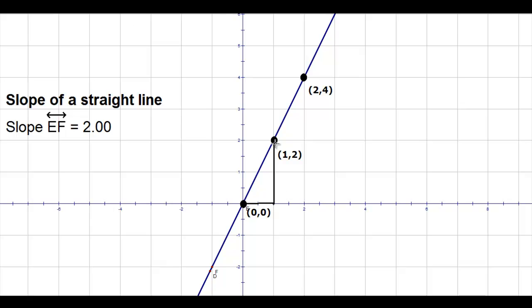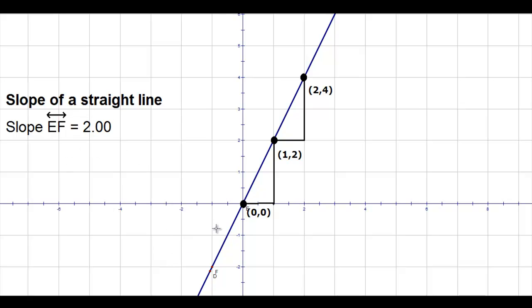From here to here the change in x is positive 1, that is, we went to the right by 1 unit. Now to get back on the line, how many units do we have to rise? 2 units. Okay, so this is what this slope means.